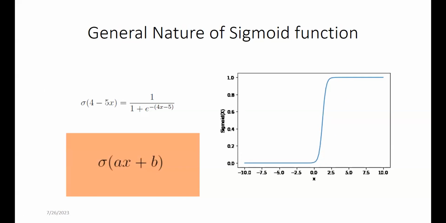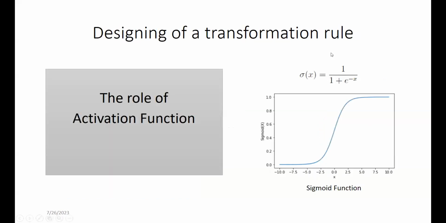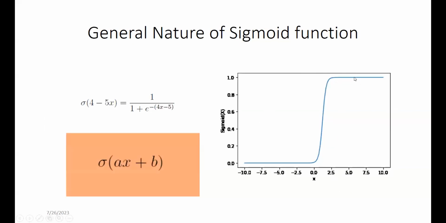This is the general nature of the sigmoid function, and this is its very basic expression. But we can enhance the definition by replacing the minus x. If you see, this expression is 1 upon 1 plus exponential of minus 4x minus 5. I can write here ax plus b also.